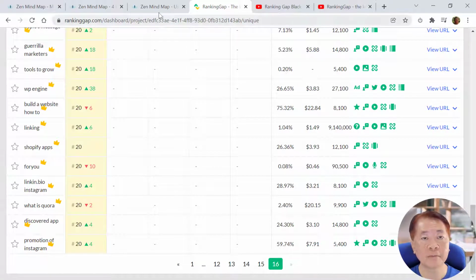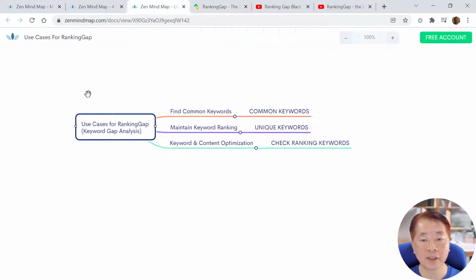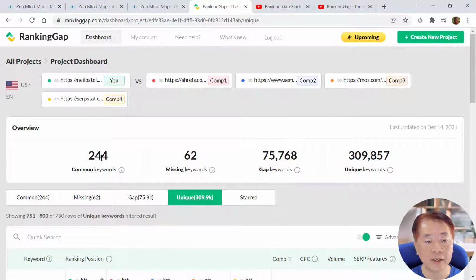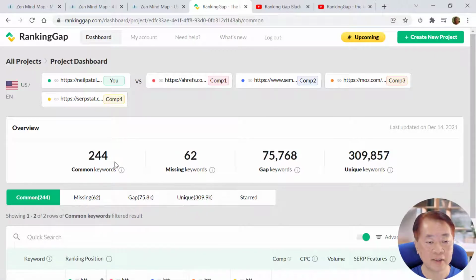And we will see what the next strategy, case study, is. Okay, the next case study is to find the keywords or content that you need to optimize. You are checking the ranking keywords. So we come back to this case study. There are 2 ways to do it. First is doing the common keywords as well.